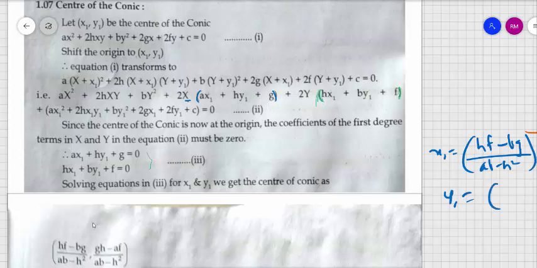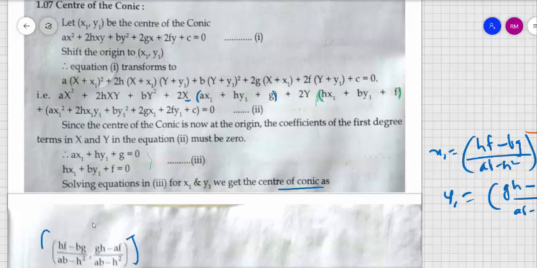Value of y1 is gh minus af upon ab minus h square. So this should represent the center of the conic.